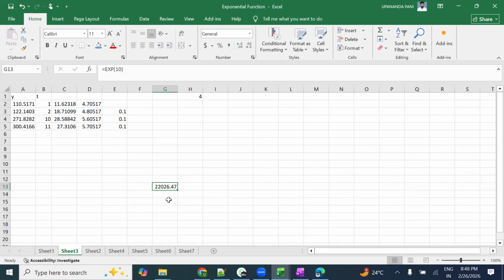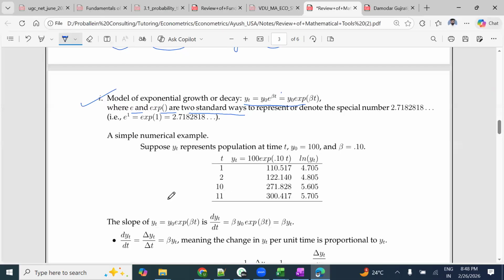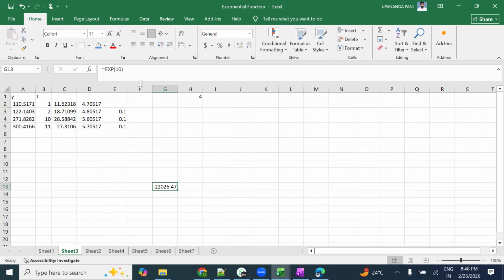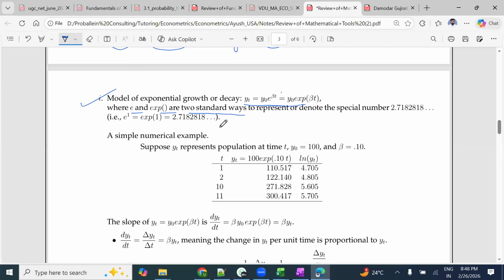Exponent of 10, right? Yes, sir. But if I want to know 2.718, what will I write? If I write 1, can you see? We are getting 2.7182818, right? So usually our model is Yt is equal to y naught, the starting point, into e to the power beta t. That is an exponential growth model.